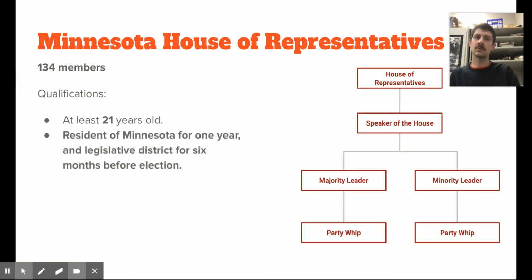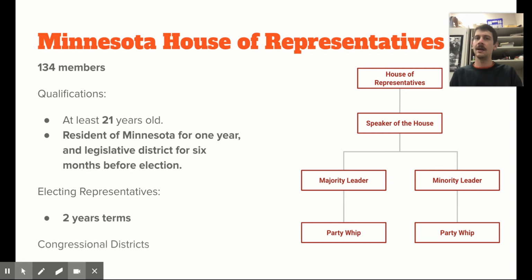You have to be a resident of the state of Minnesota for at least 1 year and of the district you want to represent for at least 6 months before the election. We elect these representatives to 2-year terms, so same thing as the U.S. Federal House of Representatives. And like I said, the state of Minnesota is divided into 134 legislative districts, 134 members.